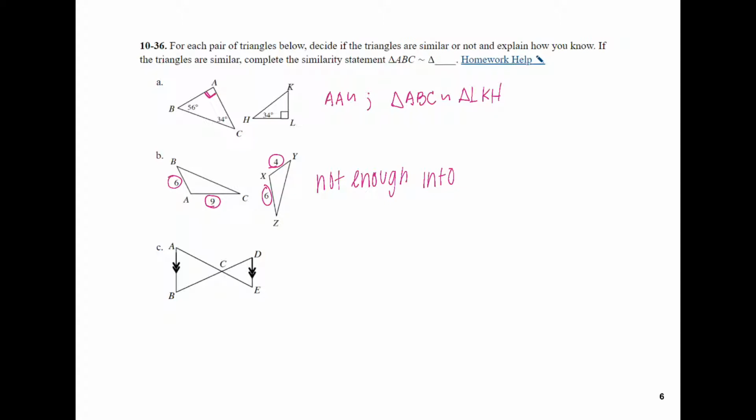Looking at letter C, I know that vertical angles are congruent. I also know if I have parallel lines, my alternate interior angles are congruent. So by angle similarity, we can in fact say that triangle ABC is similar to triangle EDC.